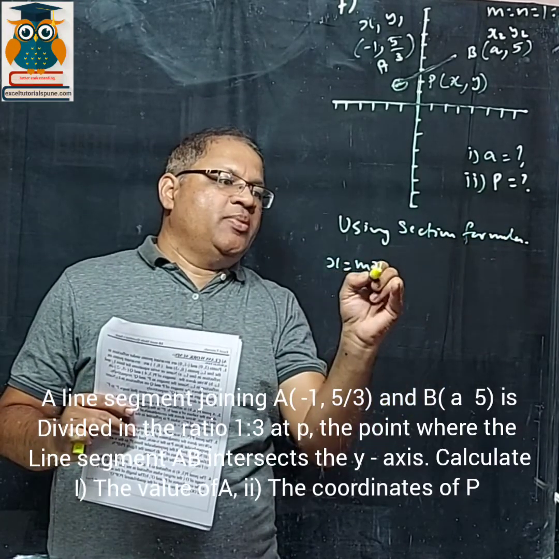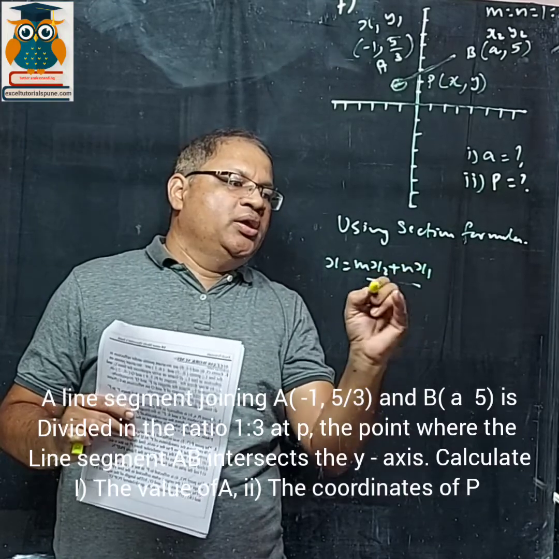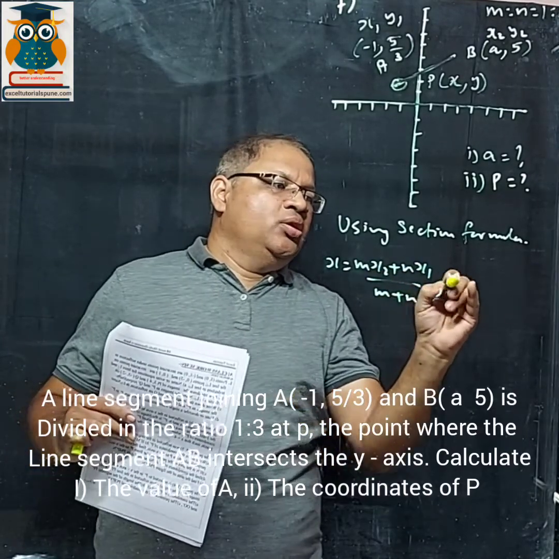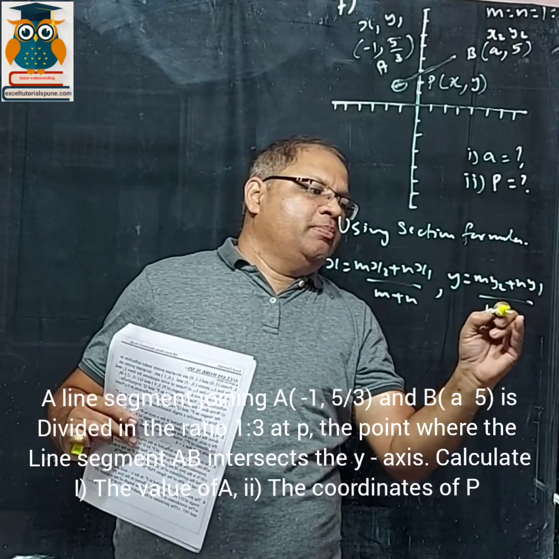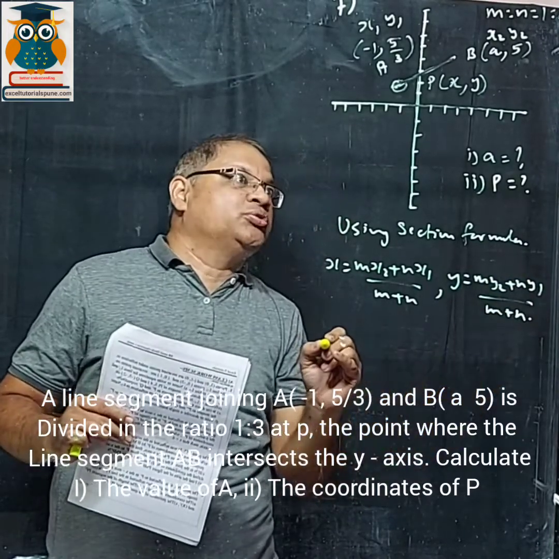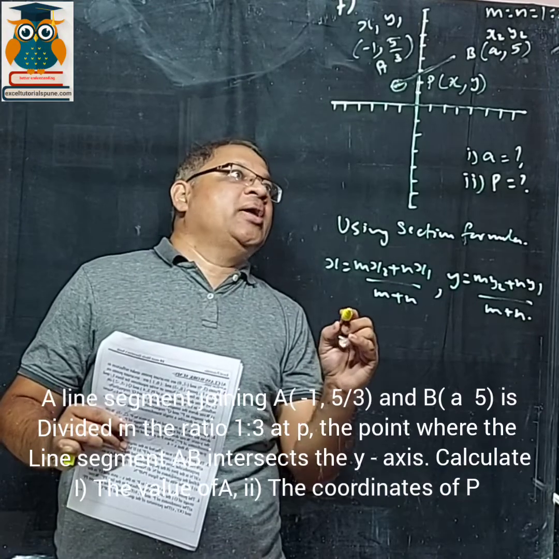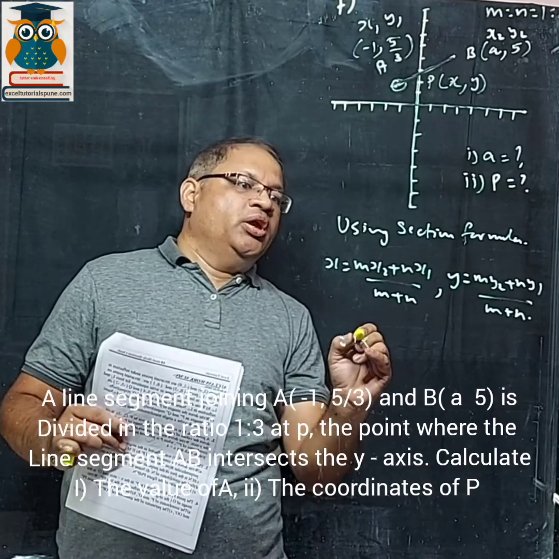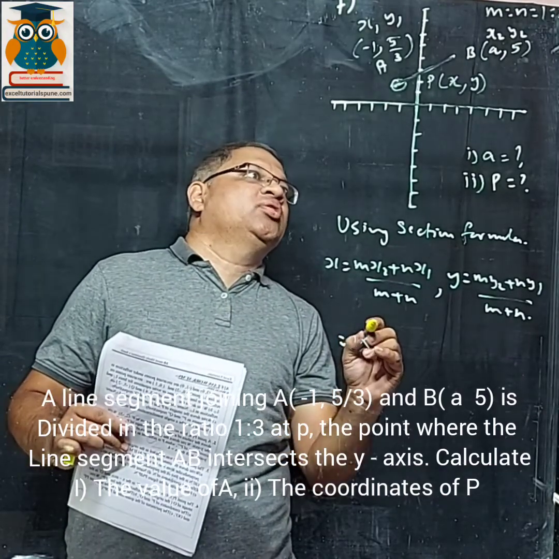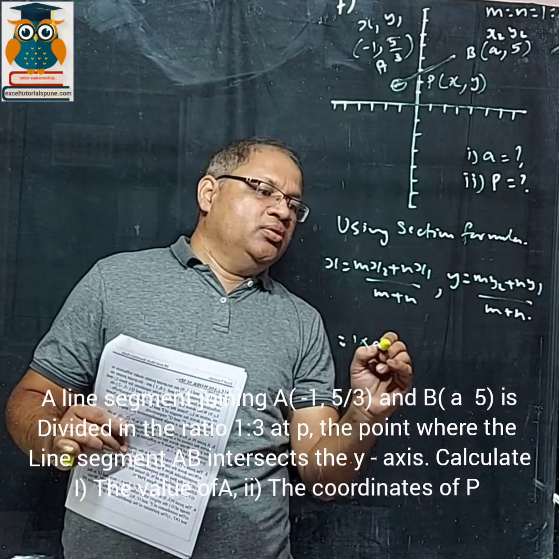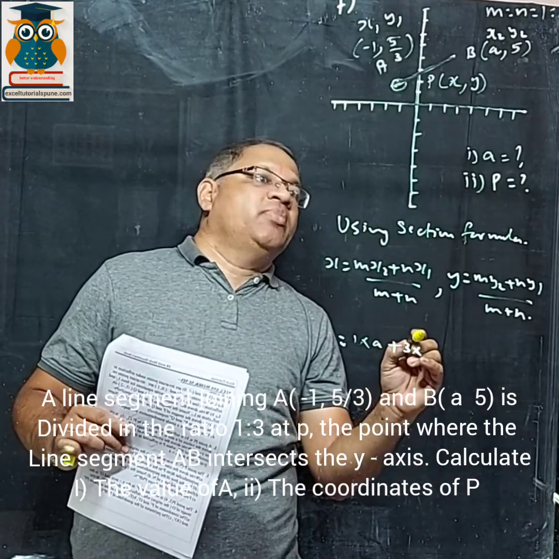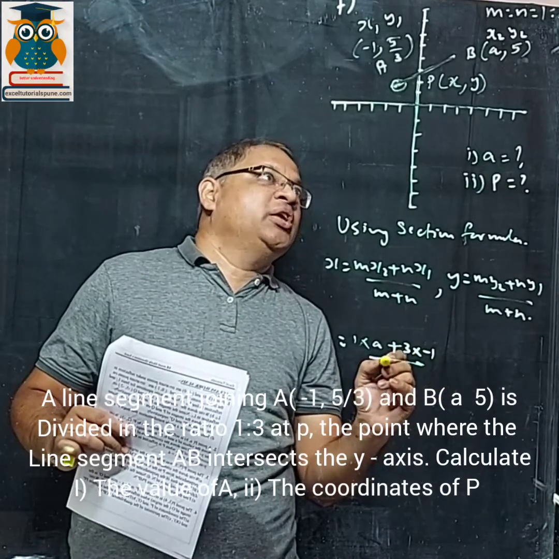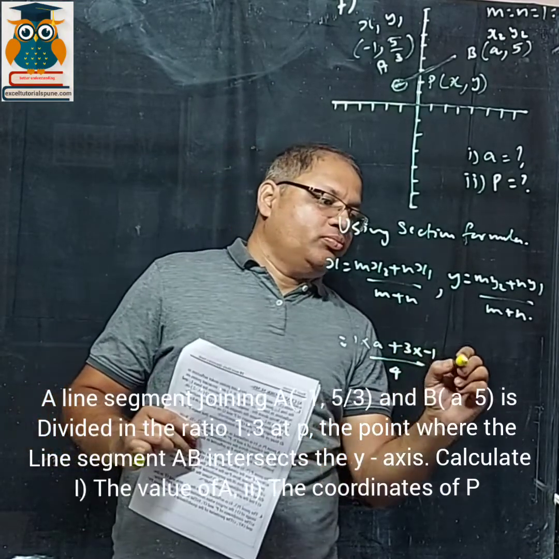X is equal to mx2 plus nx1 upon m plus n. Y is equal to my2 plus ny1 upon m plus n. Substitute the values. So m is 1 into x2 is a, plus n is 3 into x1 is minus 1, upon m plus n, that is 4.